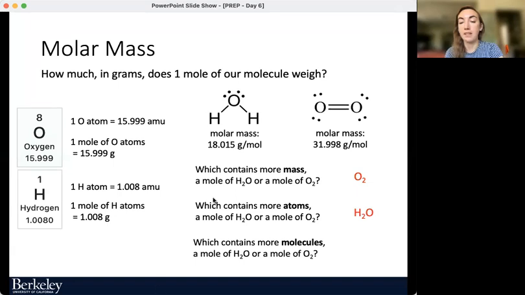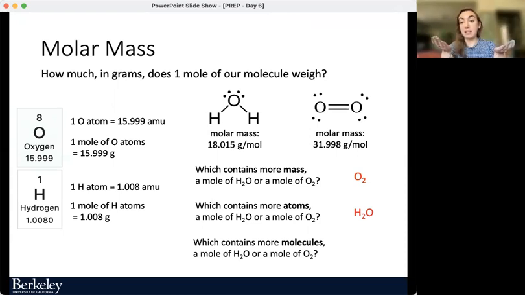Okay, so the last one is a little bit tricky. Which contains more molecules, a mole of H2O or a mole of O2? Well, this is one molecule and this is one molecule. If I have 1,000 of these and 1,000 of these, I have the same number of molecules in both piles.